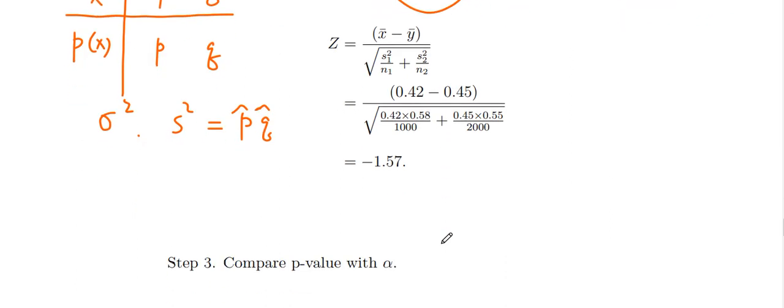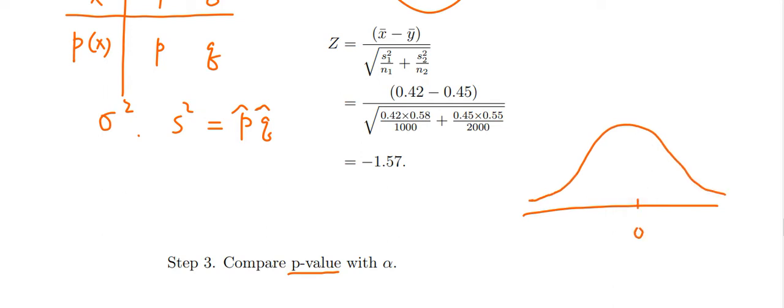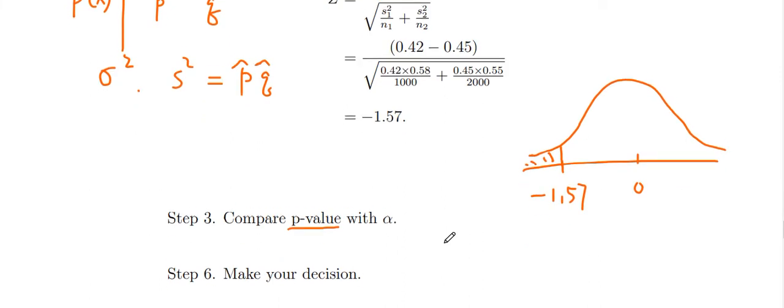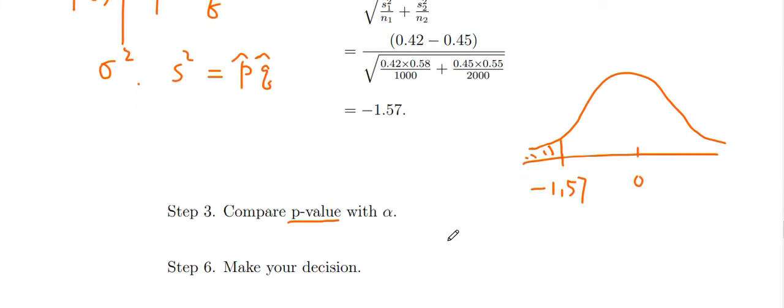So this is the Z value, and we can find the exact P value. What is the P value? Here at negative 1.57, the P value is this part, since HA is a less-than alternative.